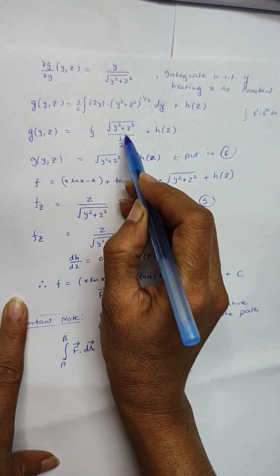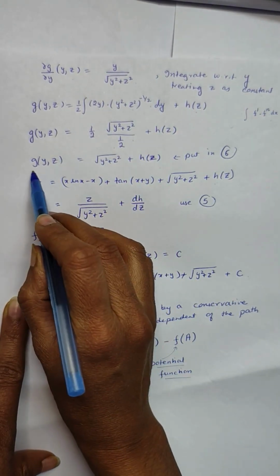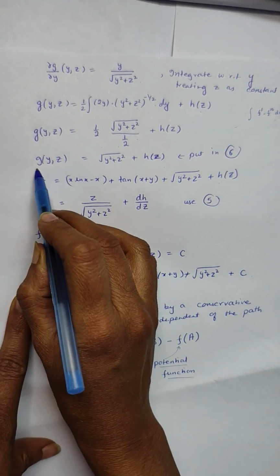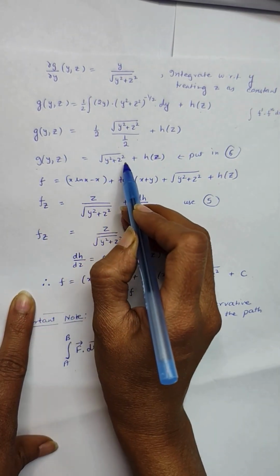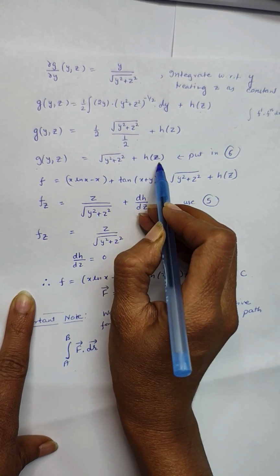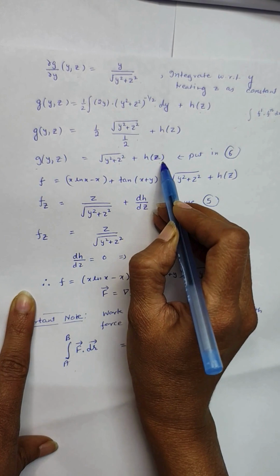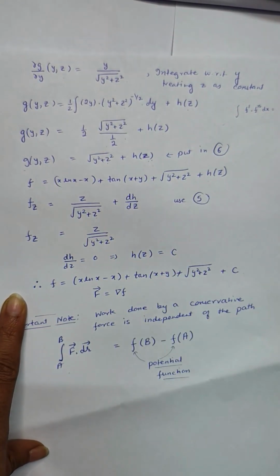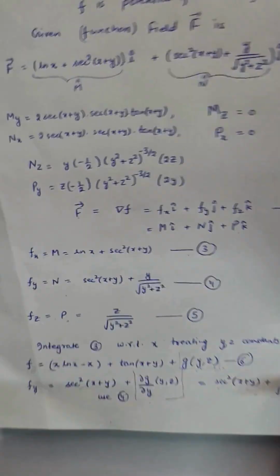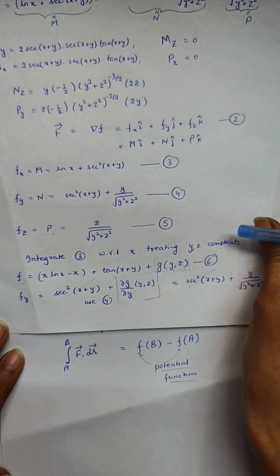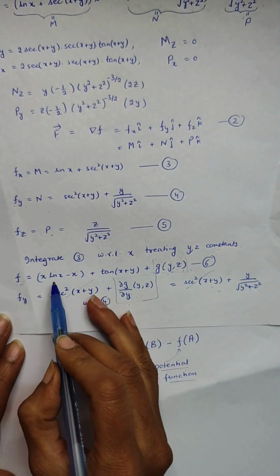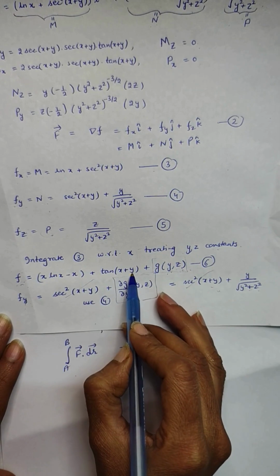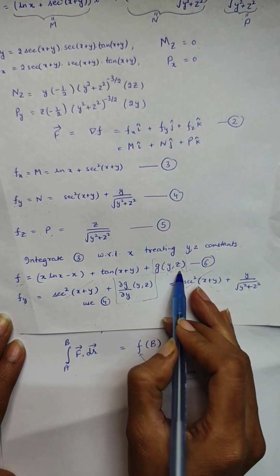We cancel out the half and we have the expression for the function g. g is equal to the square root of y square plus c square plus h of z, where h is a function of one variable z. Now we already have this expression, f is equal to this function plus g, right?